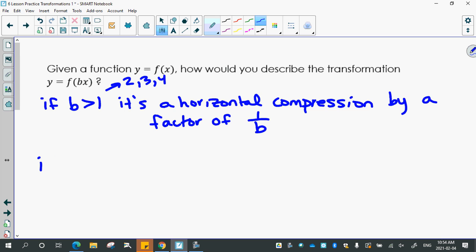What if b is between 0 and 1? So that's numbers like a half or a third. B is between 0 and 1, so b is like a half number. Yes, it's a horizontal stretch.